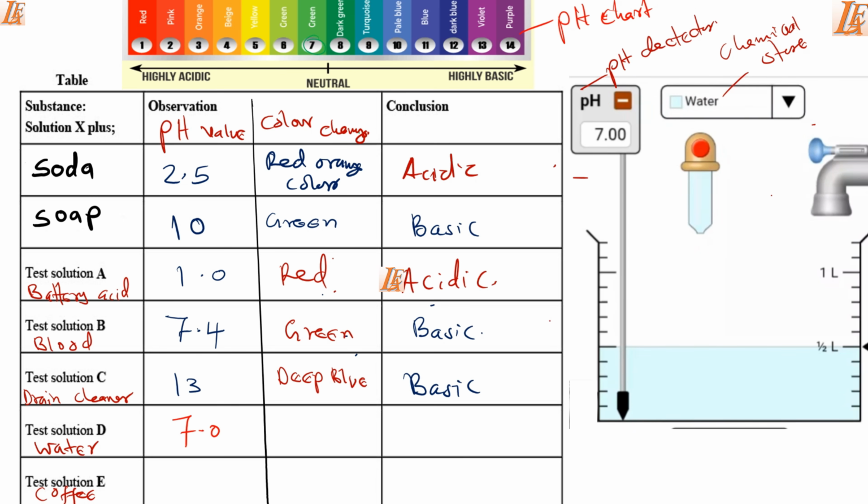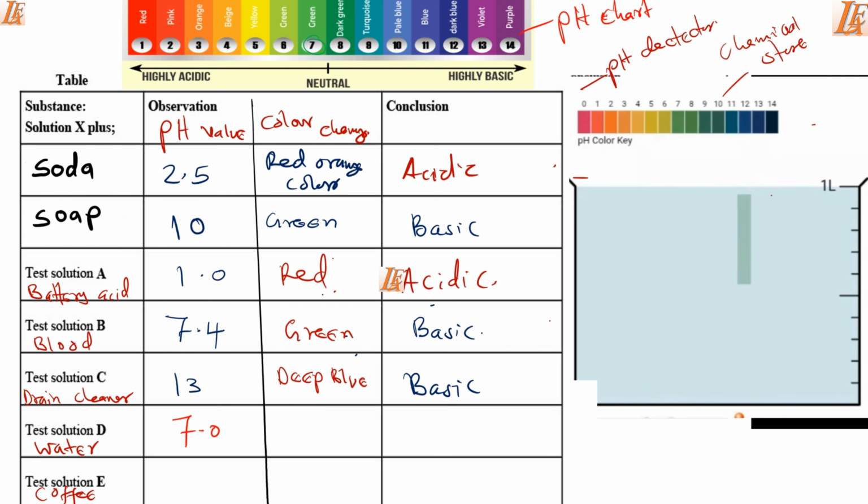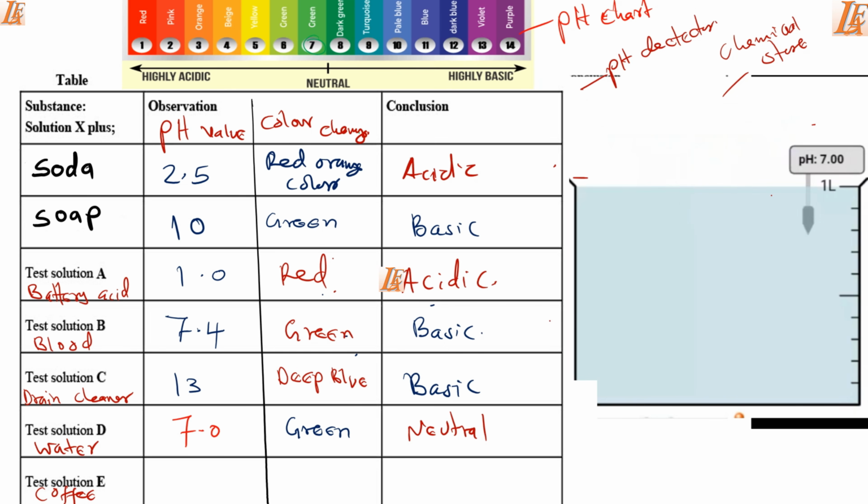Then if we introduce a universal indicator paper, the color is going to be green. Then we conclude this one is neutral. This substance is neutral because the pH is 7. Remember, color green is shared.